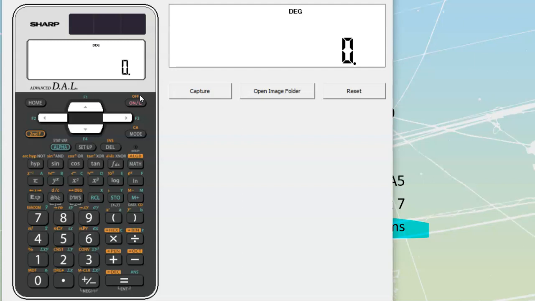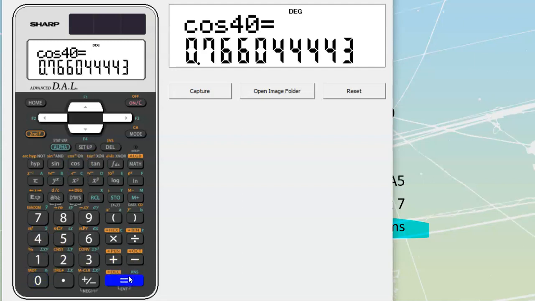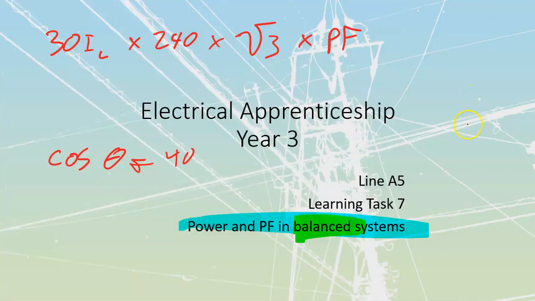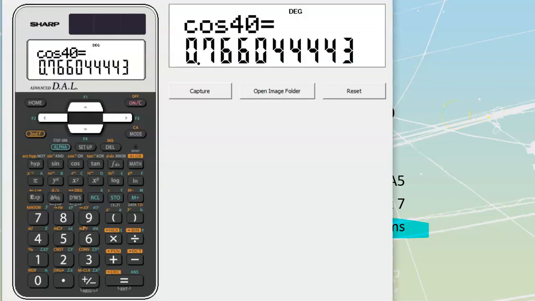And we are going to do cosine of 40, which is equal to a 76.6 power factor. Perfect. So now that we know what our power factor is, 76.6%, we can substitute that into our top formula, times 0.766, like that. Okay, we'll put it through our calculator. 30 times 240 times root 3 times 0.766.